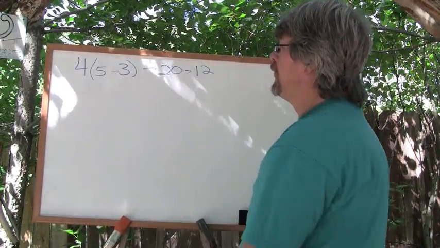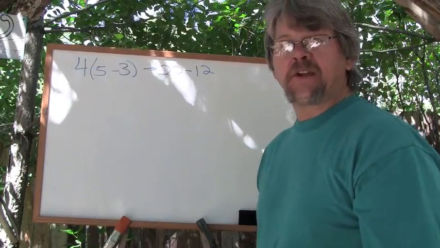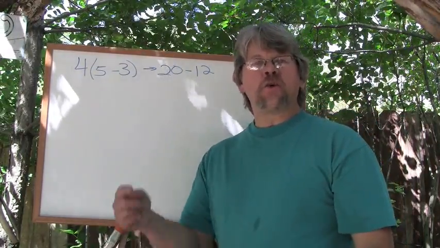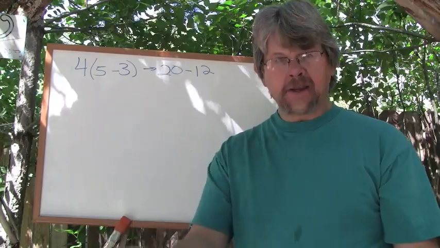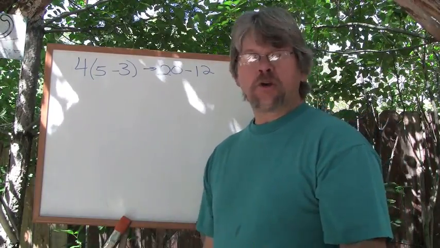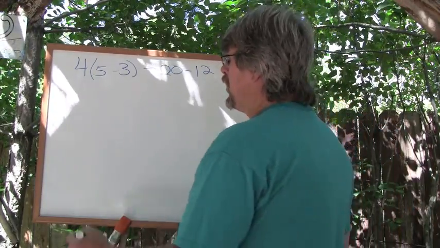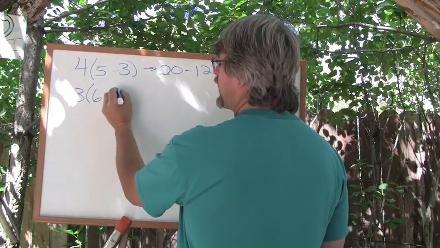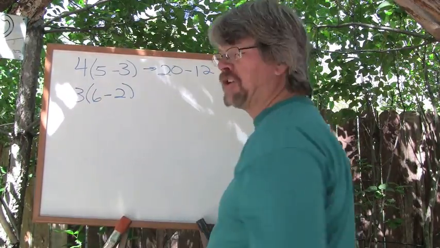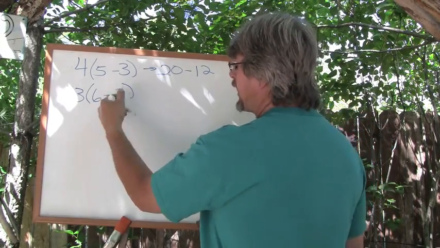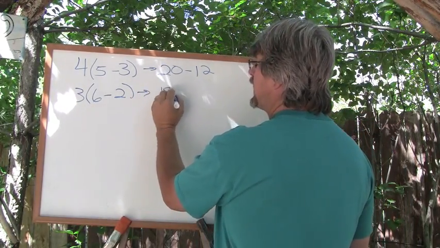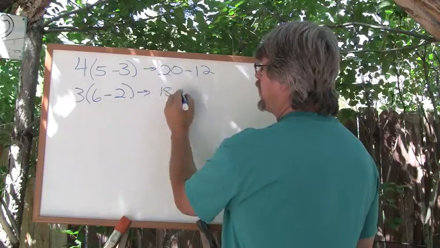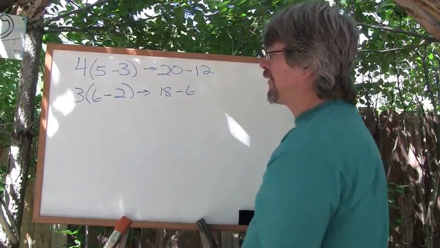Negative 12. You can virtually invent these all day long to help you practice and get comfortable with it. All you have to do is change the numbers. You can make the 4 into a 3, the 5 into a 6, the 3 into a 2, and do it all over again. 3 times 6 is 18. 3 times negative 2 is negative 6.